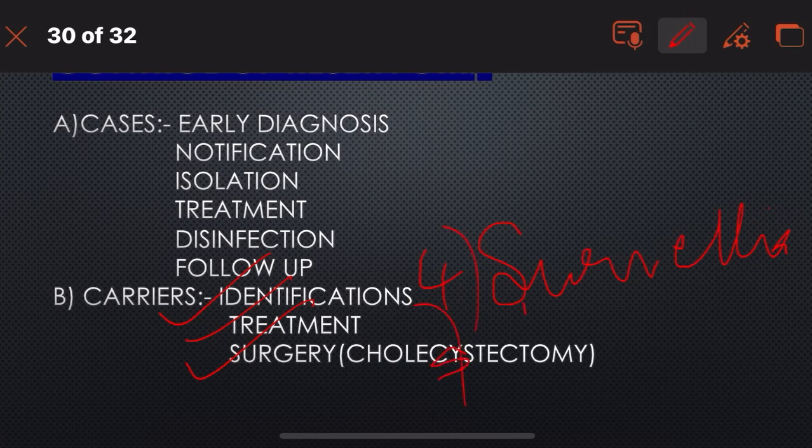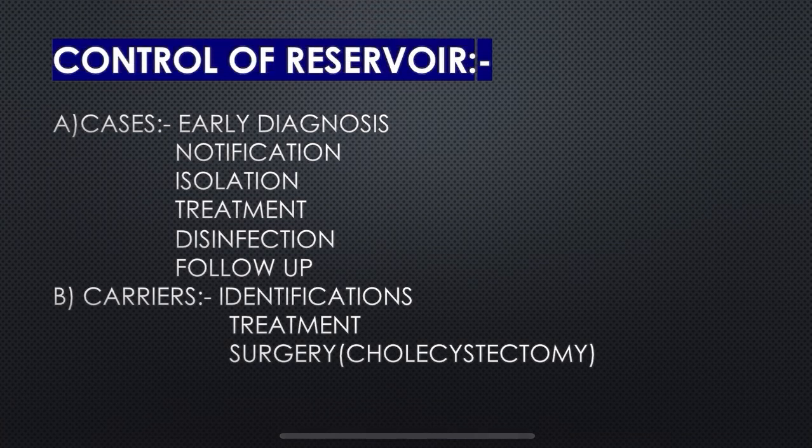And you also need to educate, the health education regarding the washing of hands with soap after defecation, after urination, and before preparing the food. In short, the management of the carriers continues to be a very unsolved problem because it requires a lot of effort.